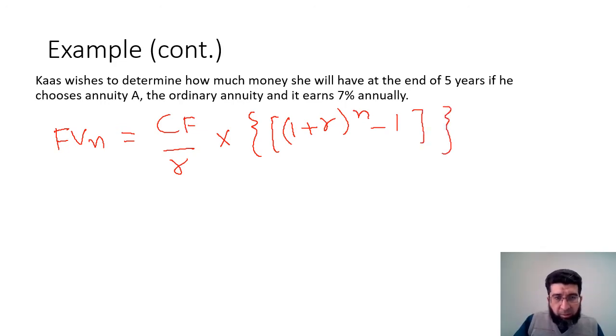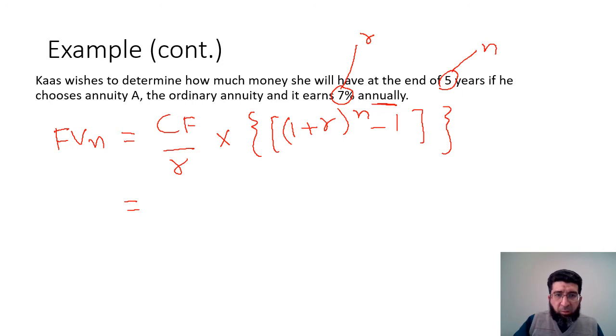We can keep r inside or outside, it doesn't matter, it's a multiplicative term. So we have 5 years, which is n, 7% which is r, and it's annual, so we don't have to play with the variable anywhere.